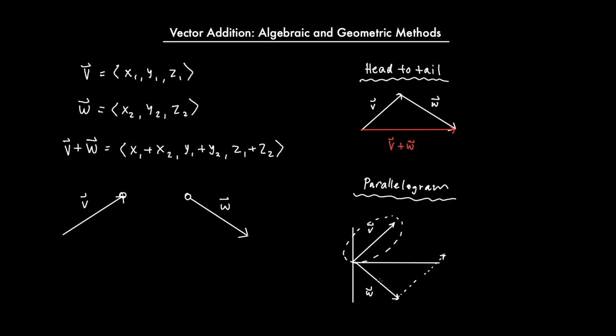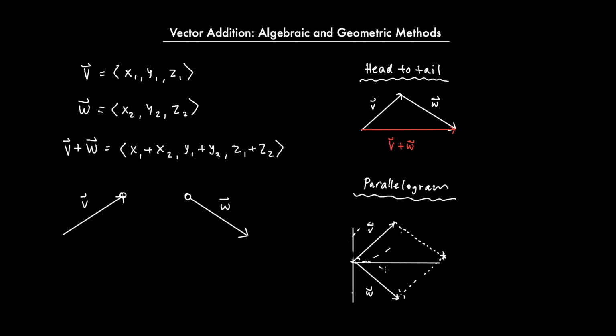And now we're going to move vector w and make a copy of it from vector v. By doing this, we essentially make a parallelogram. And this parallelogram will give us the resultant vector if we connect one corner to the next.